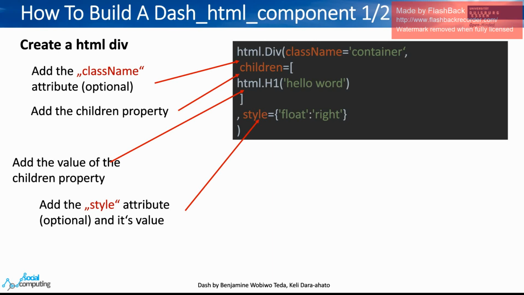Finally, like in this example, you can also add the style property, like in HTML, to configure the aesthetic of your component. Remember, this is one of different ways to do this.